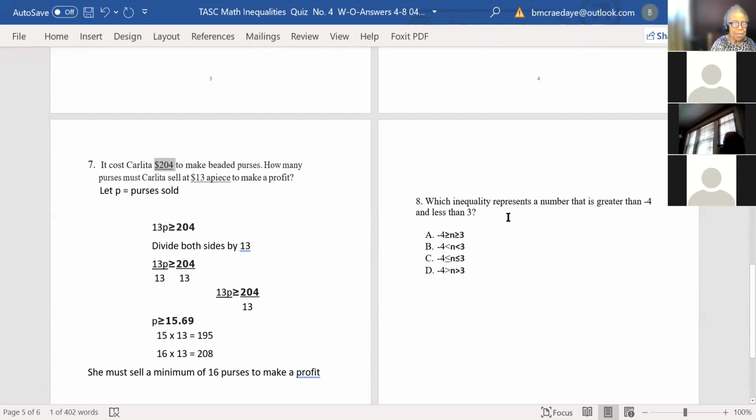So the number satisfies 2 inequalities, one being the number is greater than -4 and it's less than 3. Now, this one was pretty easy to get. And why was it easy, Vanessa? Number 8. Which one shows n less than 3?